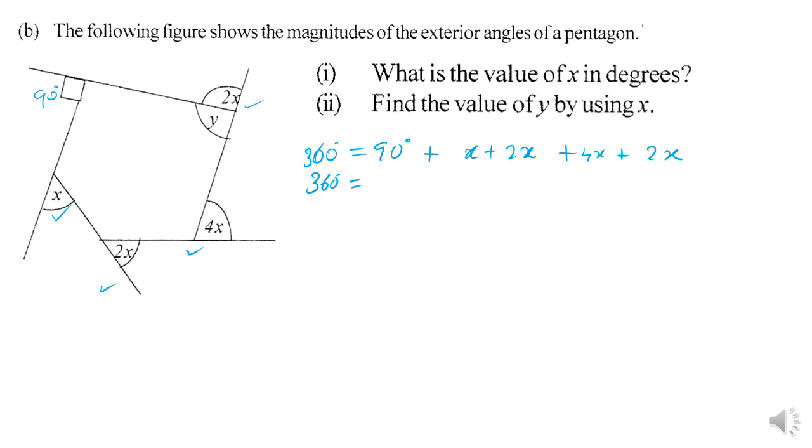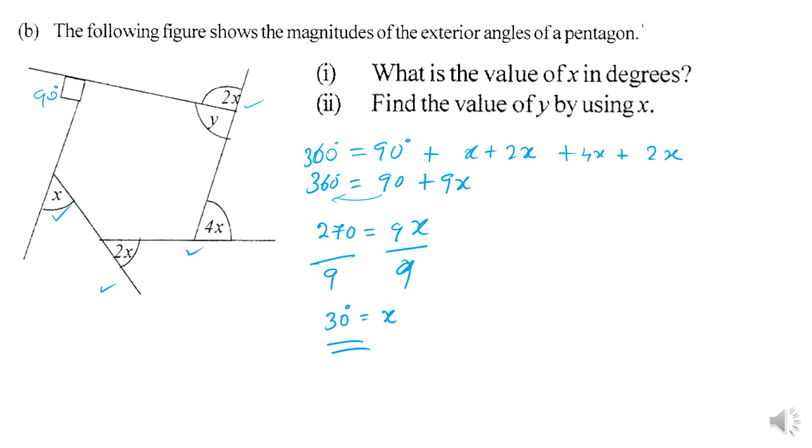This 90 plus x plus 2x is 3x, plus 4x is 7x, plus 2x is 9x. So 9x, and you send this 90 here, and then it is going to be 270 equal to 9x. Divide both sides by 9, and you get 30. x is equal to 30 degrees.